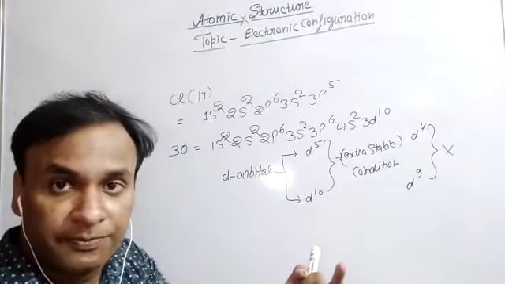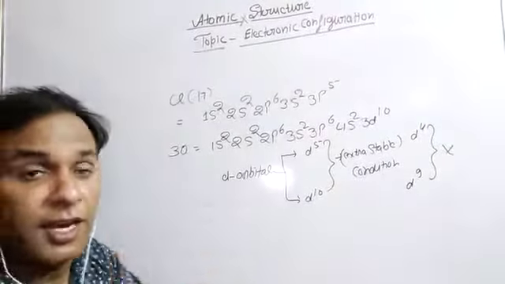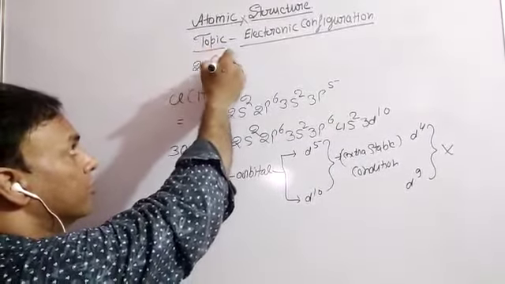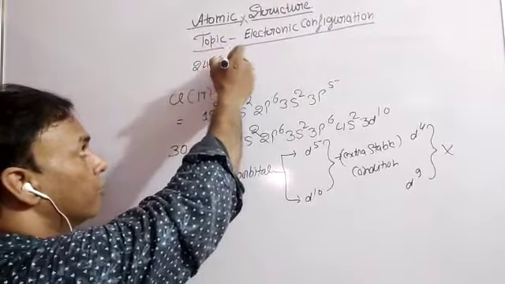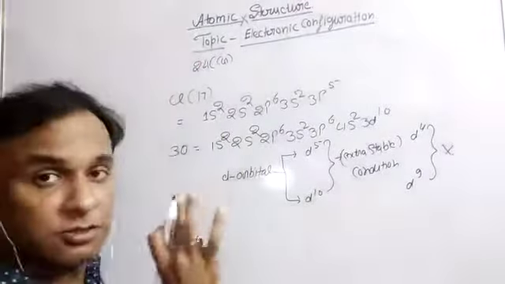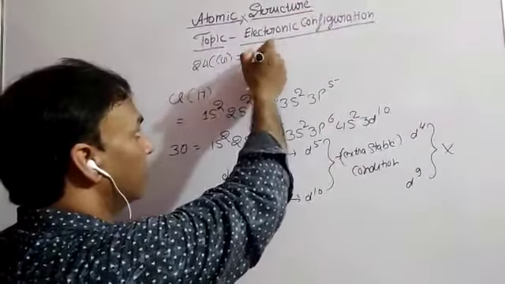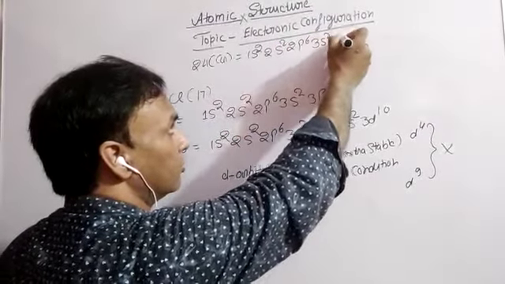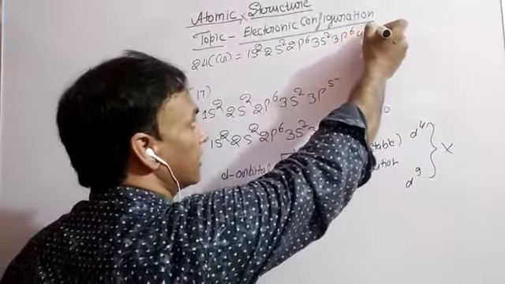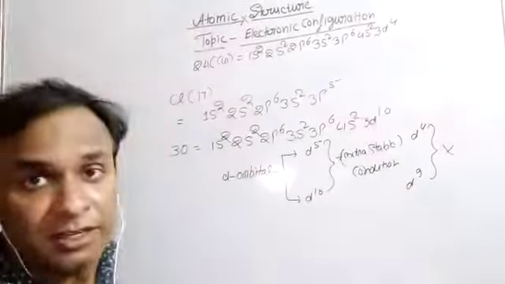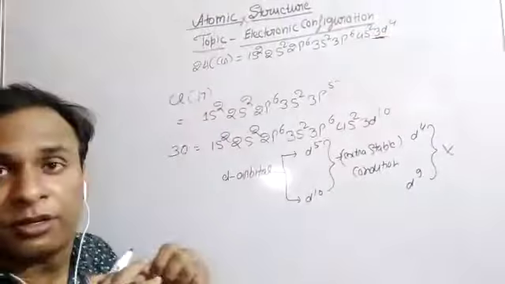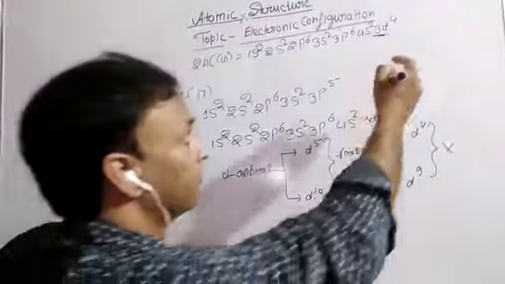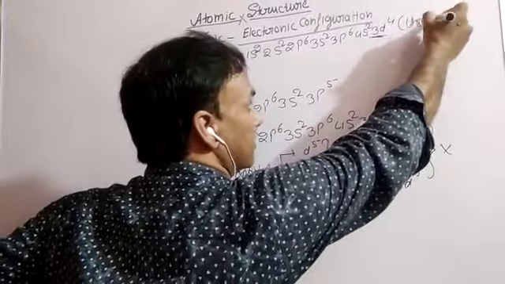How? When we talk about atomic number 24, it is the configuration of the chromium atom. Let's do the configuration: 1s2, 2s2, 2p6, 3s2, 3p6, 4s2 and 3d4. The d4 and d9 configurations are unstable.